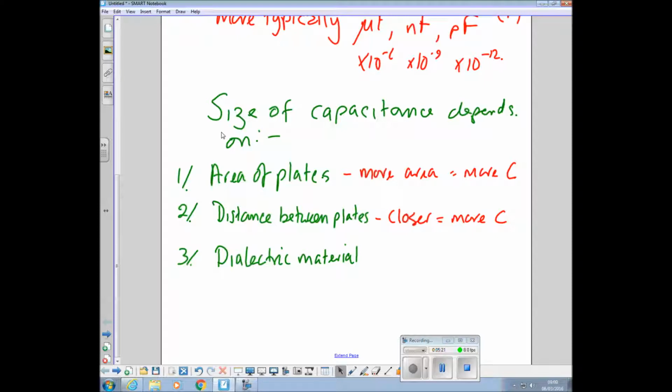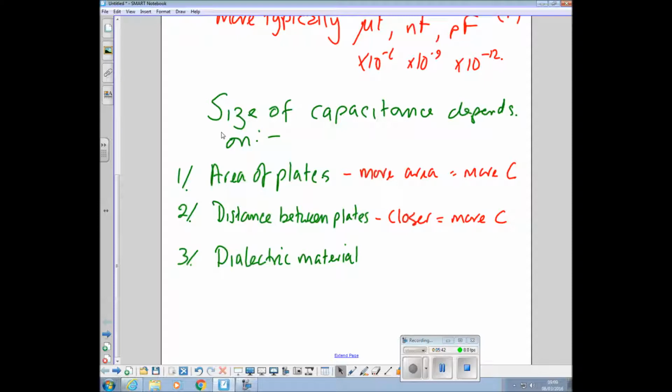And it's not so easy to say what the difference is between, let's say, a polyester capacitor and a ceramic one. It's more about the types of circuits and applications they're suitable for than it is about how much charge they store, although it will make a difference. But it's not like the plates thing.